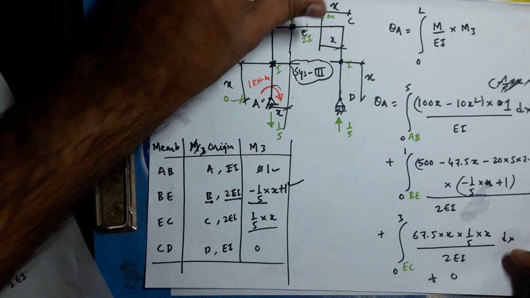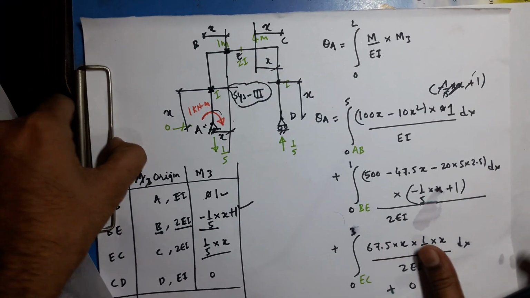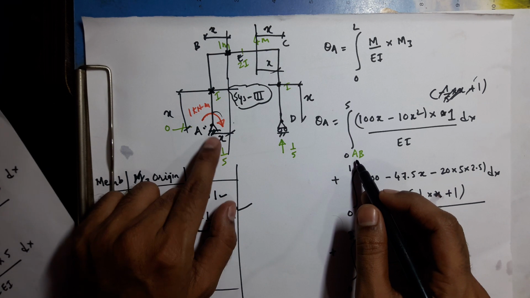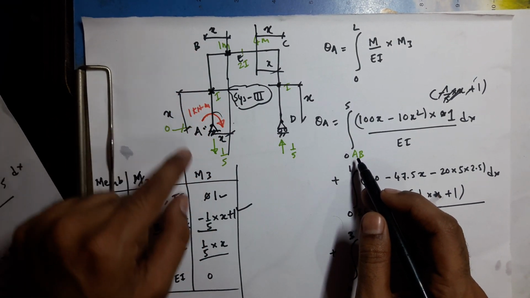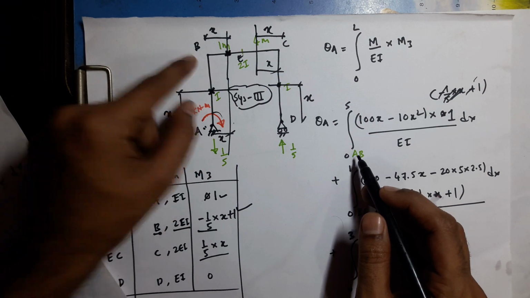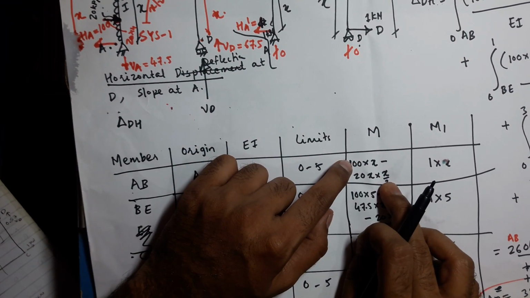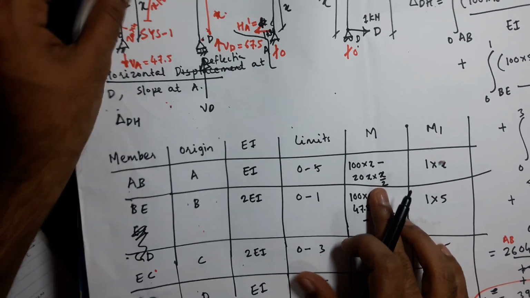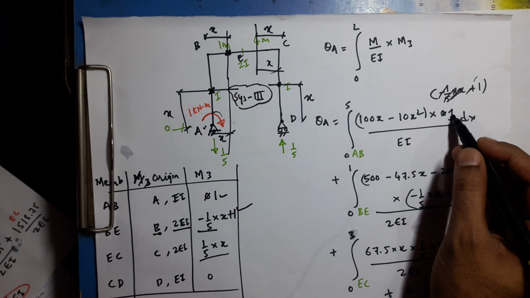We have calculated them, so we just have to substitute in the formula. The first member is AB, with limit 0 to 5. M we have already calculated for AB. Substitute the value of M and M3, where M3 is 1 for member AB.